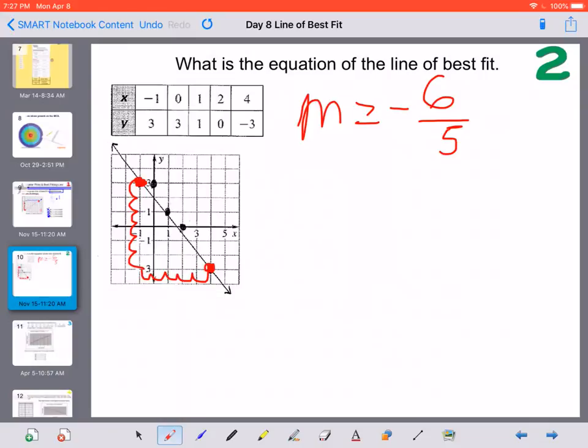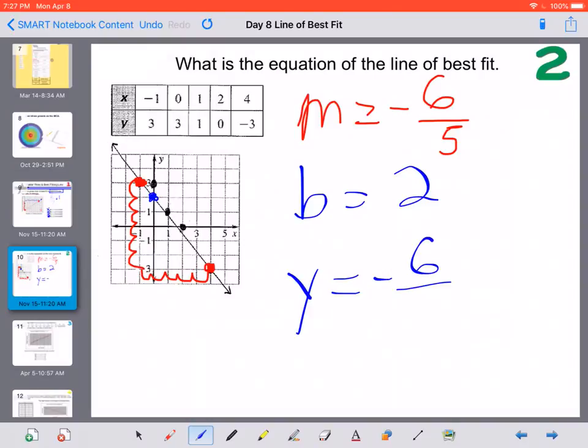Now this is very close to our y-intercept. This one is where the line crosses our y-axis. That's really close, so I'm just going to count that. So I'm going to say b equals a positive 2. So my equation then is going to be y equals negative 6/5 x plus 2.